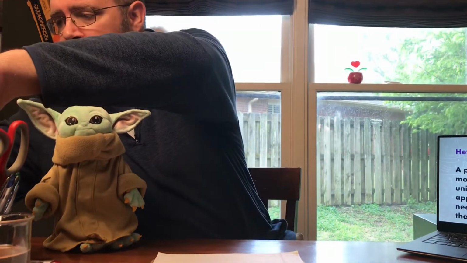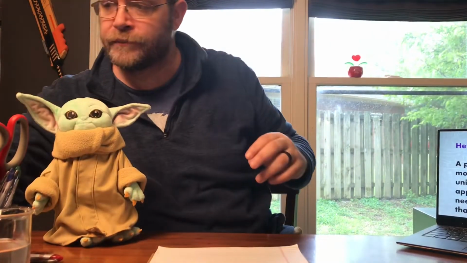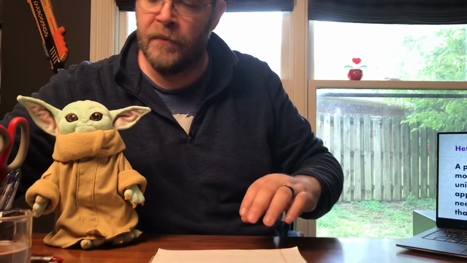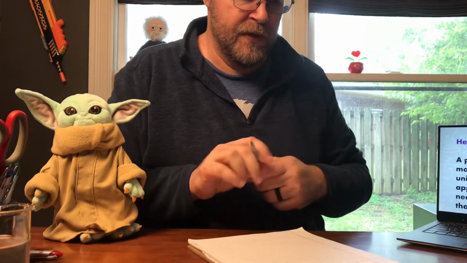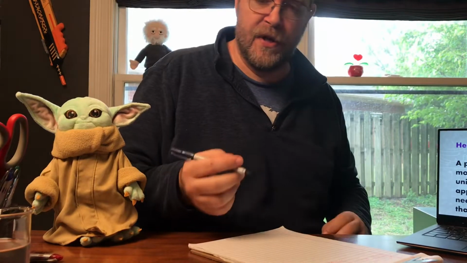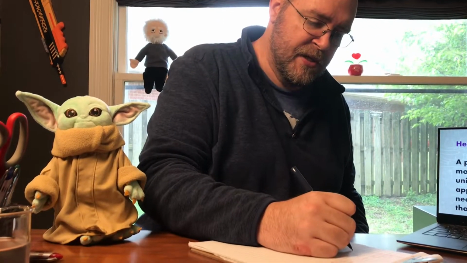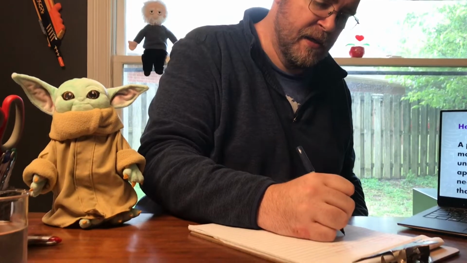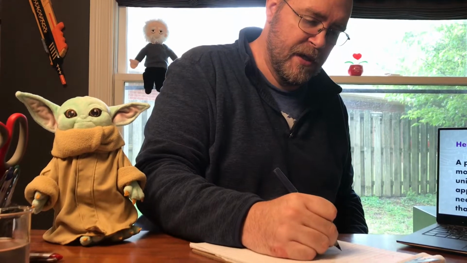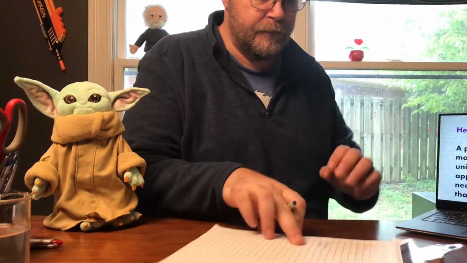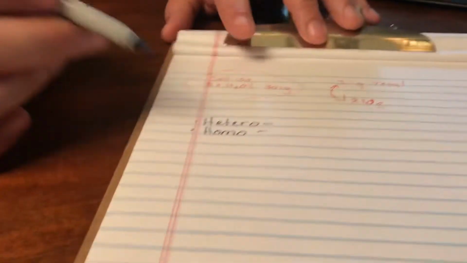So let's talk a little bit of Latin here, because of course Mr. Williams and Ms. Cowan always talk about all of these prefixes and suffixes and these root words that come from Latin. So let's take a look at these two prefixes, hetero and homo.